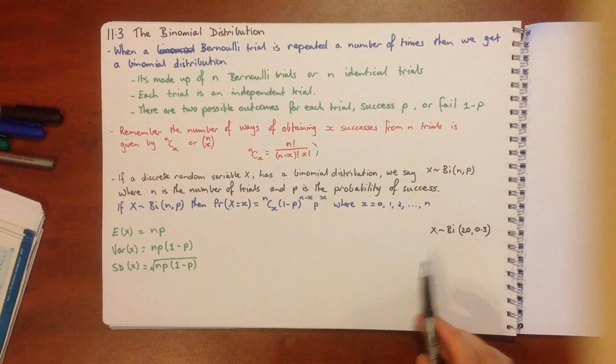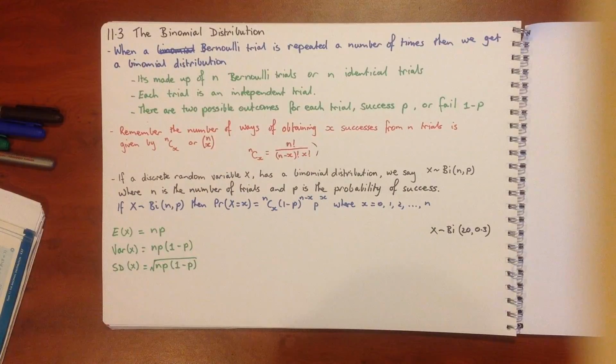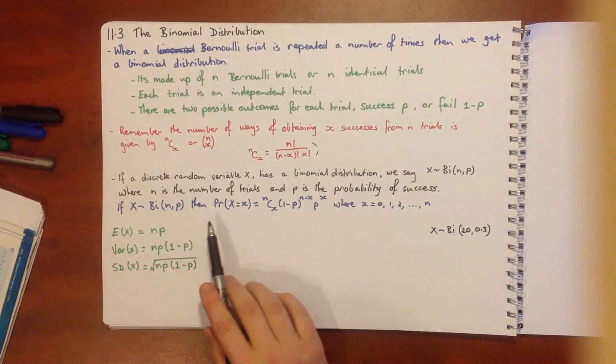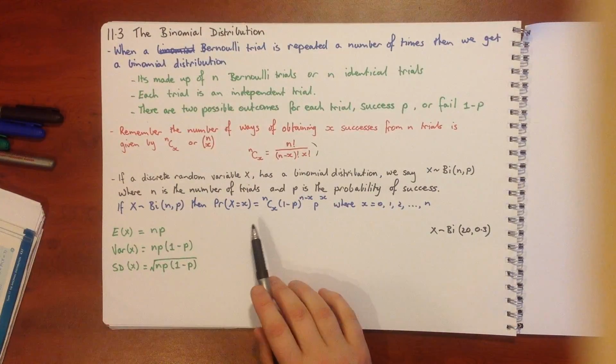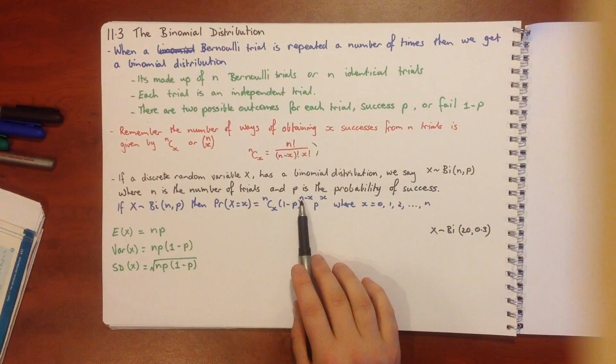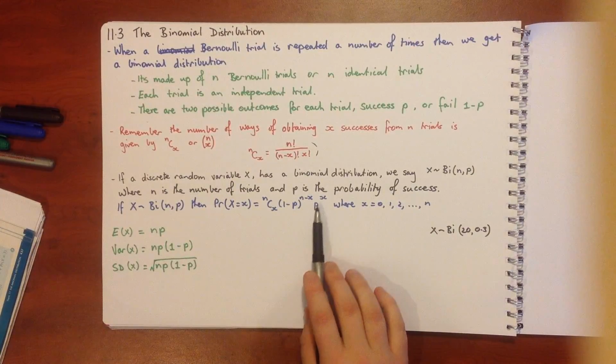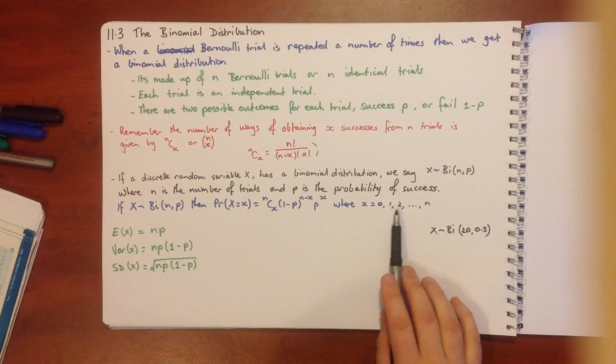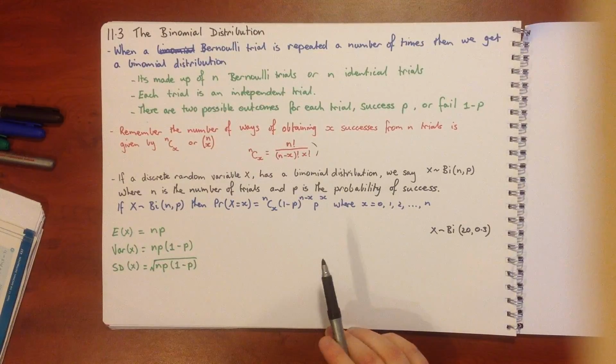That's the type of thing you'll find written. If X is binomial with n and p, then P(X = x) equals n choose x, times (1 minus p) to the power of n minus x, times p to the power of x, where x can be 0, 1, 2, all the way up to n.